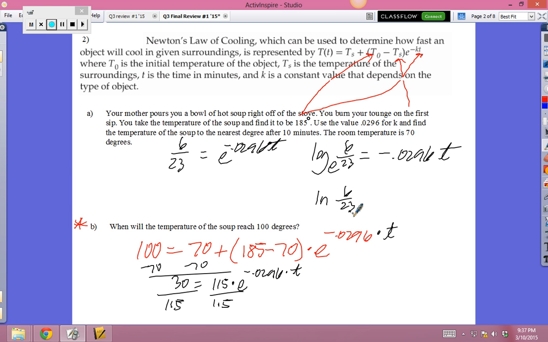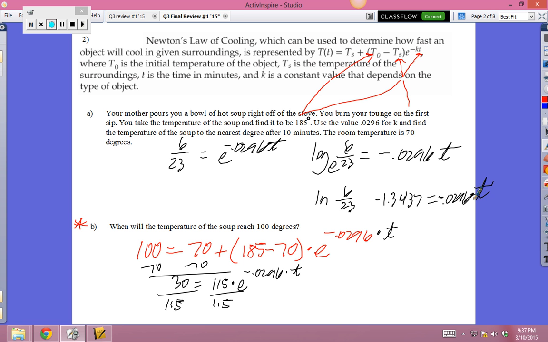So if I type in ln of 6/23, I get a negative 1.3437 equals, I guess it's a negative 0.0296 multiplied by T.